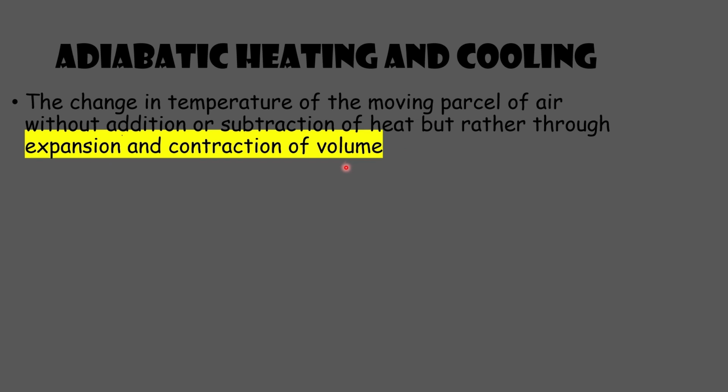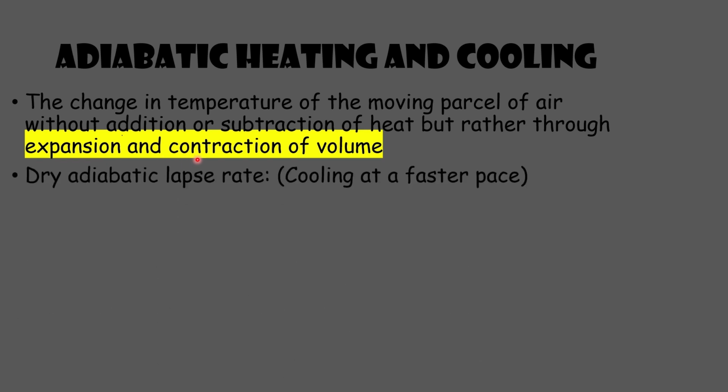Okay, so when I say expansion and contraction, I mean that air will expand, and the expansion process will result in cooling, and the contraction process will result in heating of the moist air. Okay, so the first type of adiabatic lapse rate is called dry adiabatic lapse rate. Dry means the air is dry.